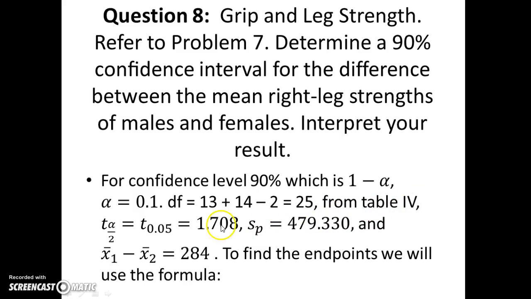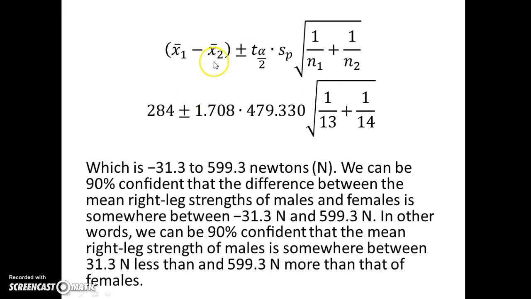Using table 4, the t-value at 0.05 with df 25 is going to be 1.708, and Sp is going to be 479.33. The difference of the means is going to be 284.